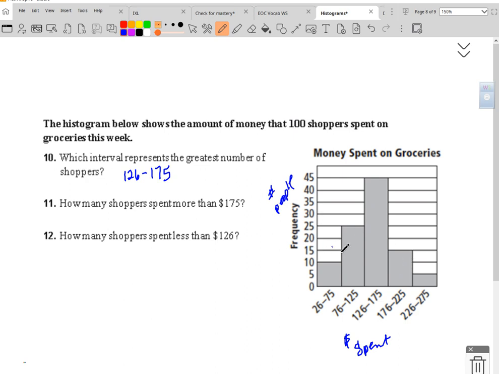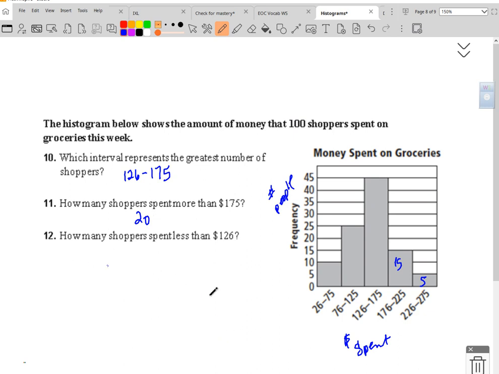So that is up to the 15, so that's 15. Yeah, 226 to 275, that's 5. So we're adding those two bars together, right? So now, how many shoppers spent more than 175? Just like Paul said, 20 shoppers.